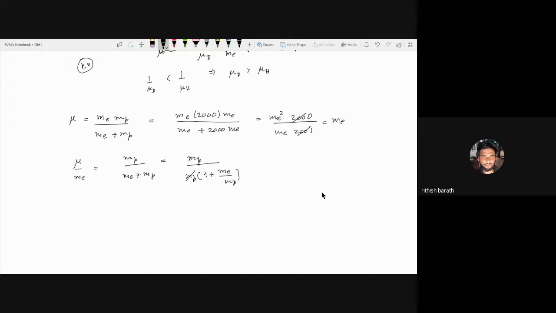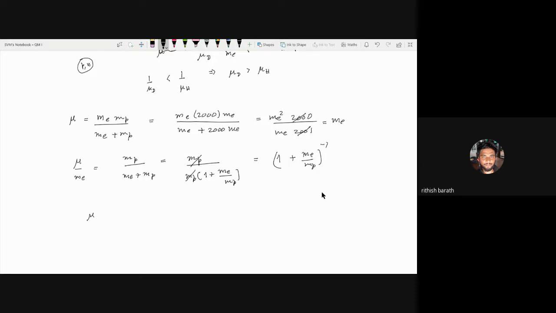Since me by mp is small, I can write this as 1 plus me by mp to the power minus 1. So that's what I want to write.